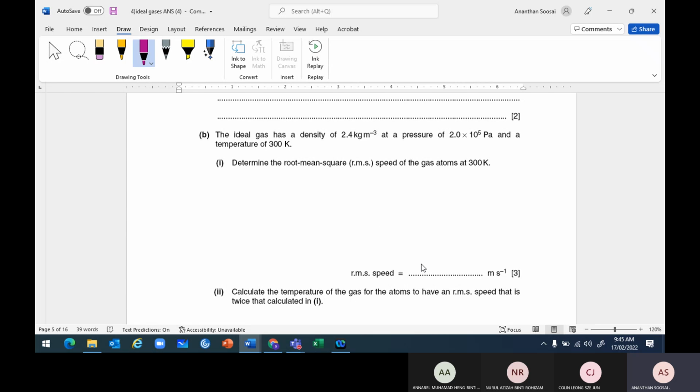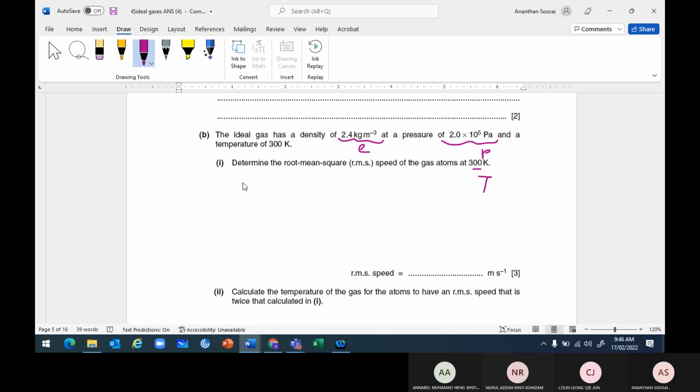You're asking for the root mean square speed. So we can't directly find the root mean square speed. We find the mean square speed first, and then we get the root mean square speed. How can you find the mean square speed? What formula is linked to mean square speed?